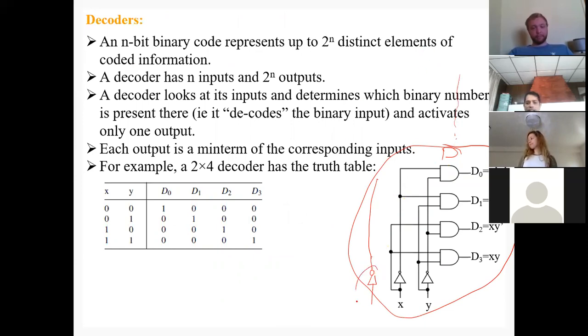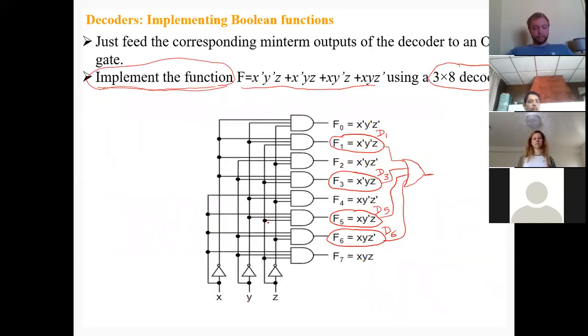When you add one extra input, you have to add 4 more outputs, because you have to have a total of 8. That's what I did here. So we have 3 inputs and 8 outputs.